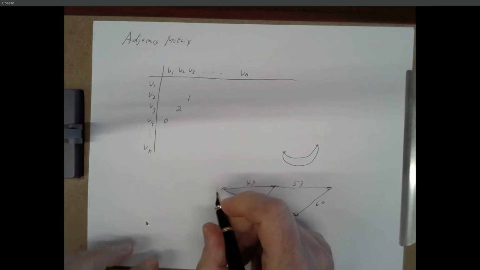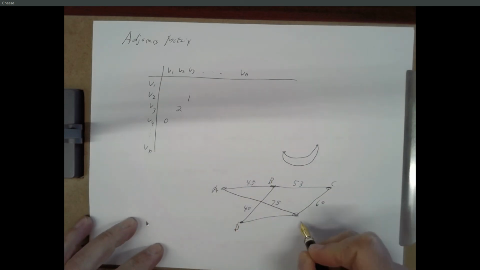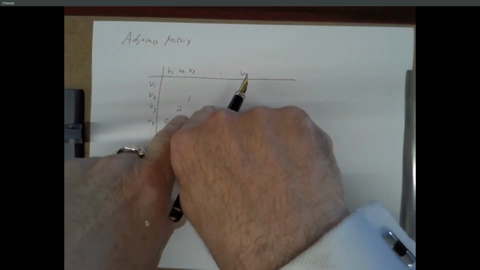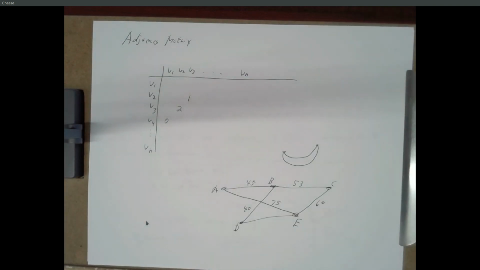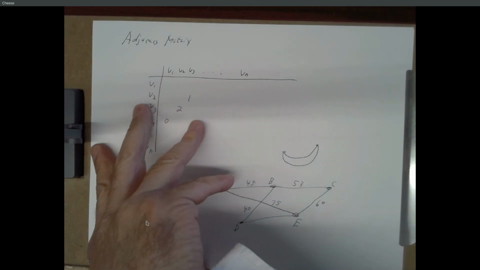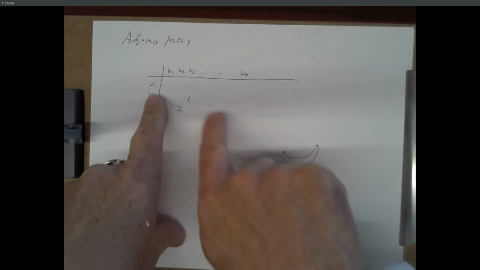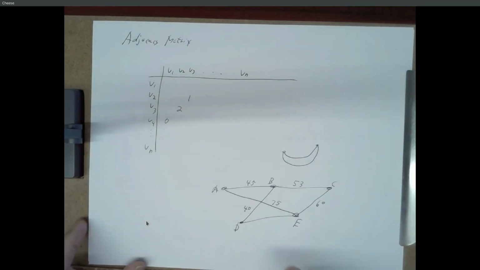And this says the distance from city A to city B is 45, and so on. And we can store that information inside an adjacency matrix also. There are other ways that we can store matrices, and we'll talk about those in a little bit, but the adjacency matrix is the first one that comes to mind for most people, because it's really just capturing the essence of the graph, which is here are all my vertices, tell me about the connections between them.